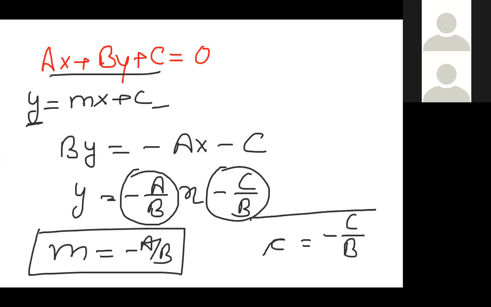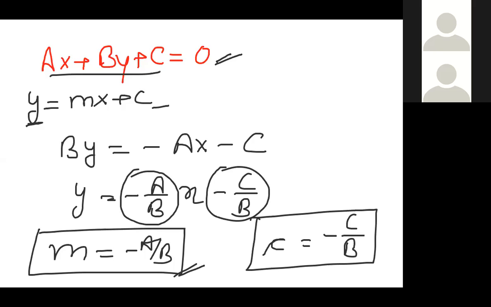So keep in mind, whenever the equation is given in this manner, the slope will be minus a upon b, and its y-intercept will be minus c upon b.